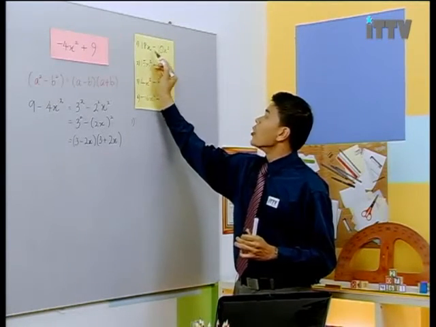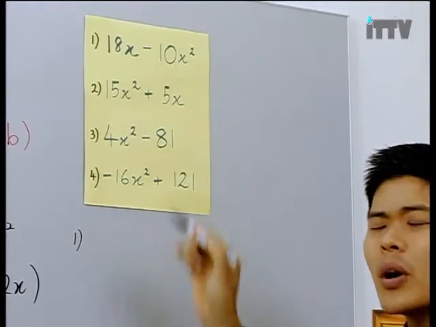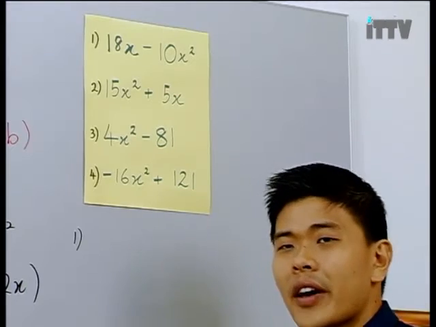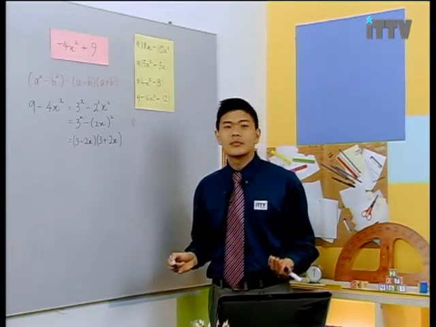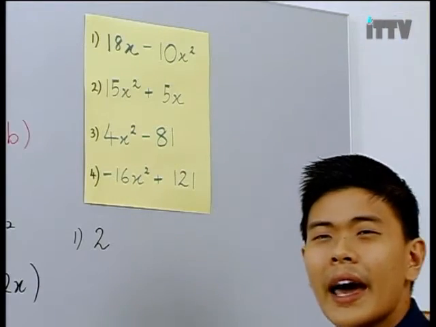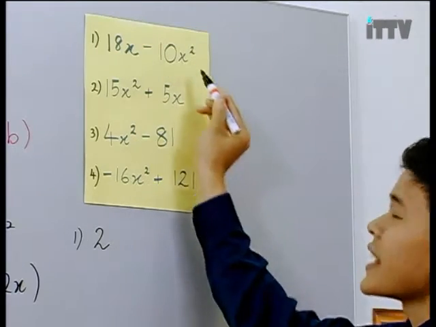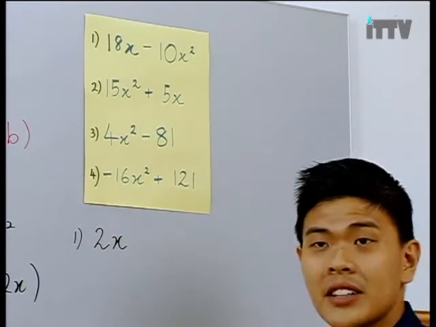Both have x. Look at 18 and 10. What is the highest common factor for 18 and 10? 2. So put the 2 out, and then look, x and x squared, the highest common factor is x.